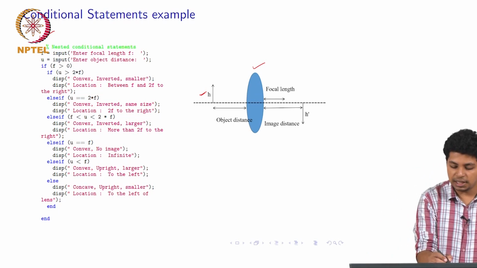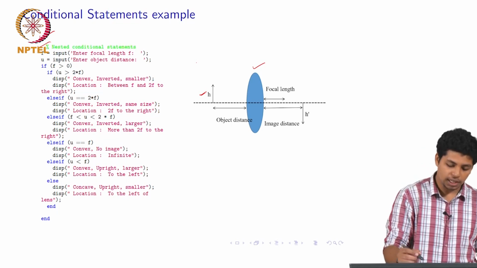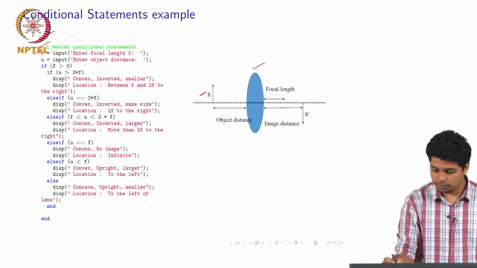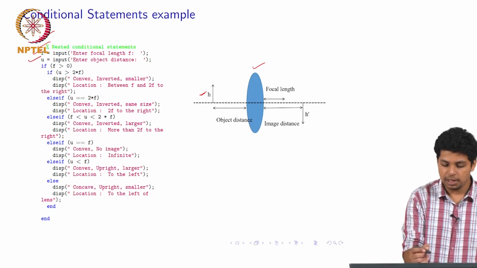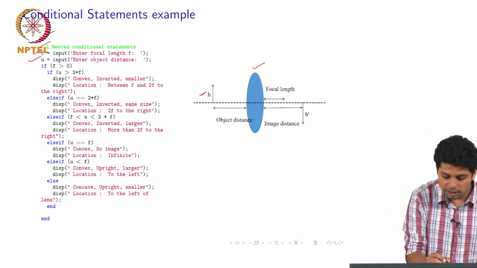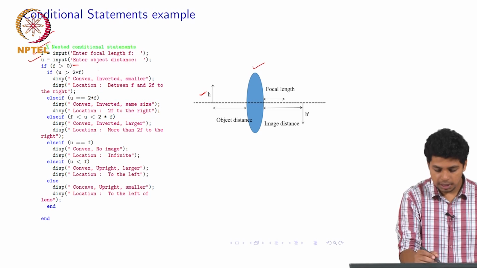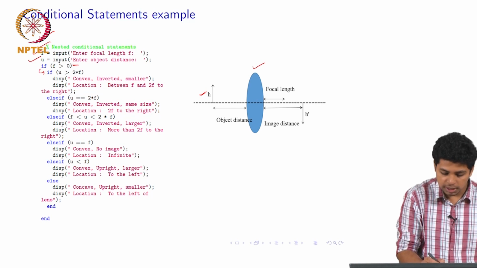Nested conditional statement means when we put a conditional statement within a conditional statement. So we ask for f, that is the focal length input from the user, then we ask the object distance. Then, if the focal length is positive, then we know that the lens is a convex lens, and if the lens is convex, then it enters this if block and all of these conditions will be tested.